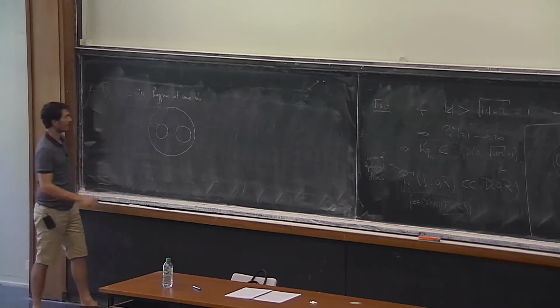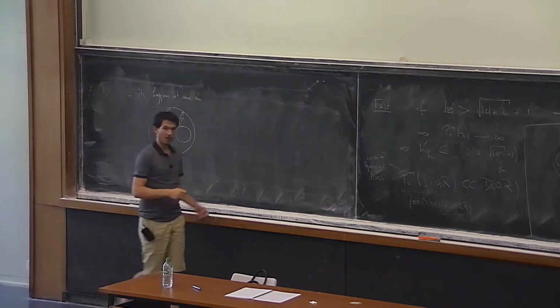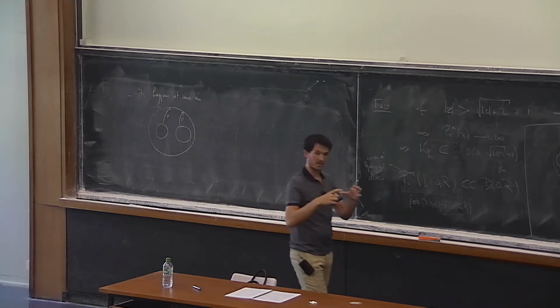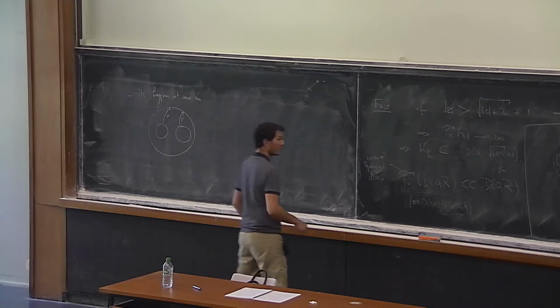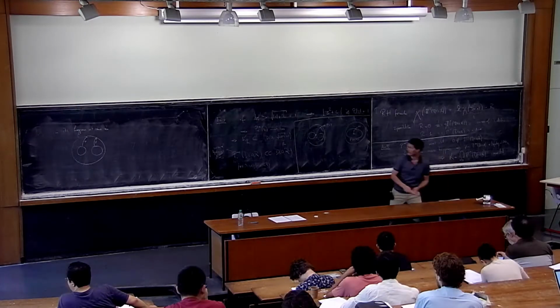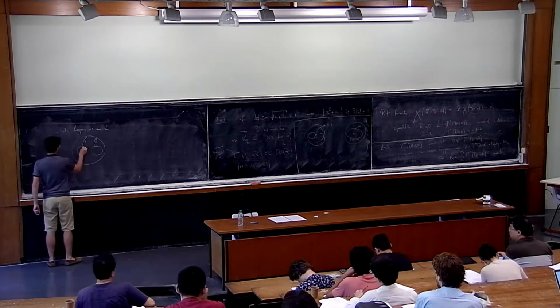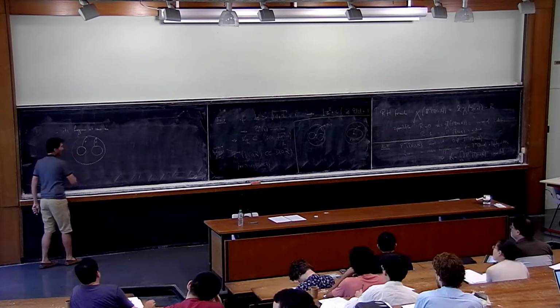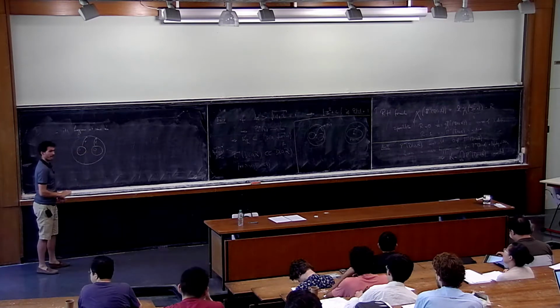If the pullback looks like this, it means that you have two branches of P which both map a small disk into a bigger disk. So now if I take the pullback of the big picture, the pullback of this disk under P has one component here and one component there.